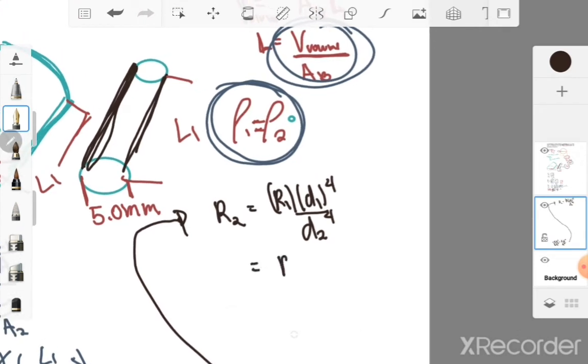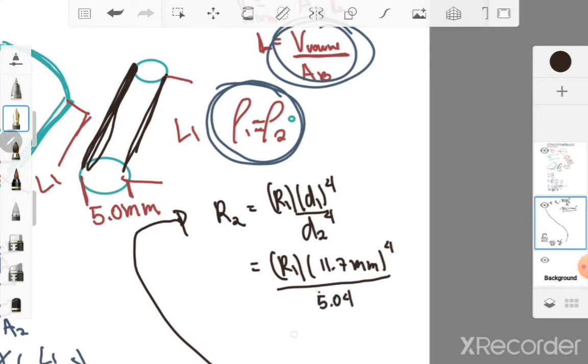So R1 multiplied by 11.7 millimeter raised to 4 divided by our D2, which is equal to 5.0 millimeter raised to 4. But what is our R1?